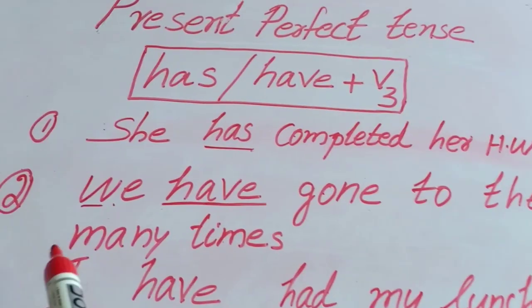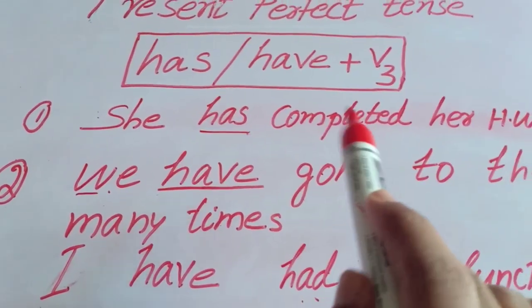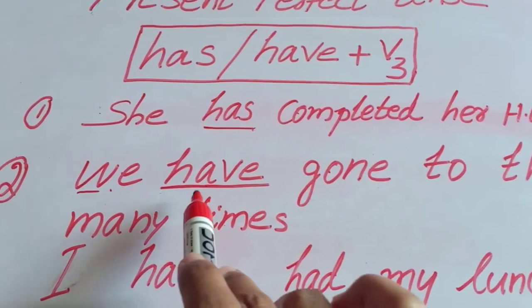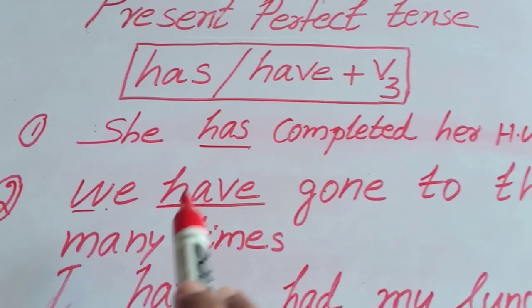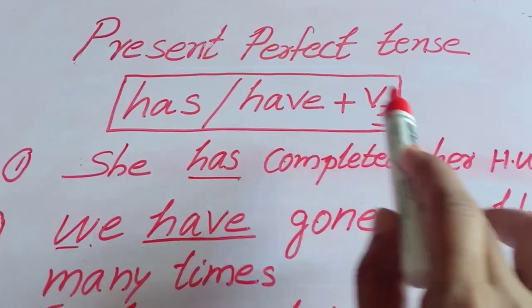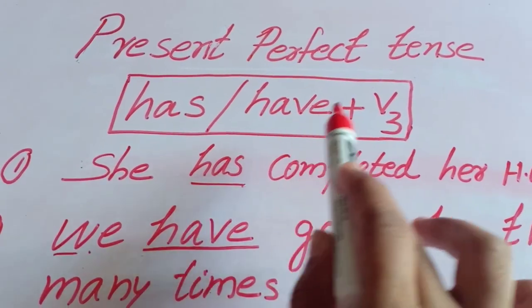Before also he has gone, now also it is going on. That means between past and present the action is going on. So for that also we will use the present perfect tense. Wherever there is the present perfect tense, we should use the format has or have plus V3.